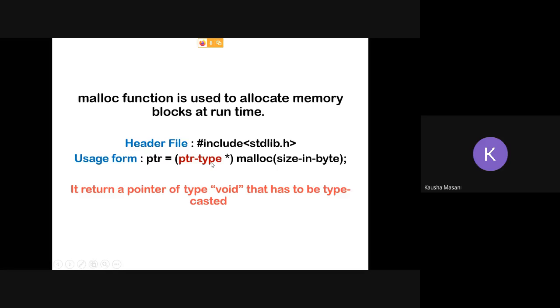So in your examination, it can be asked like this, in a one-line answer: explain why we are typecasting in your malloc syntax. Then what will be your answer in the examination? If it is asked why we are doing integer star or float star before malloc, then what shall be your answer?